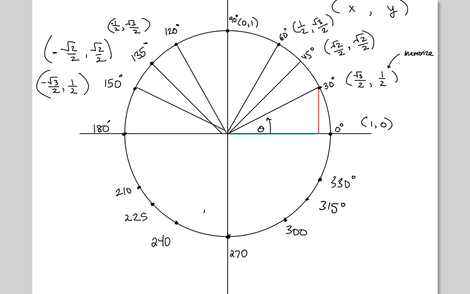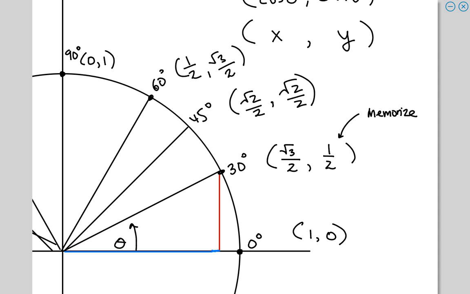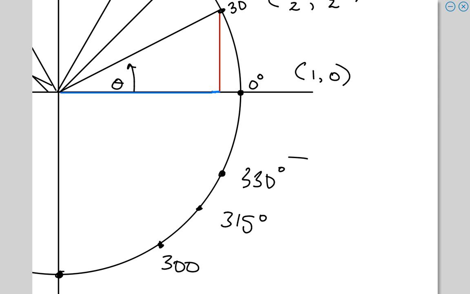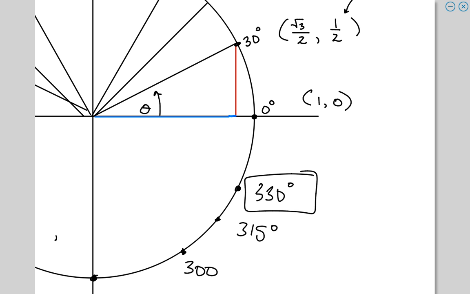Okay, so when I was in your spot in Math 30, because I didn't do this in Math 20, but you absolutely need to know this for Math 20 now. They used to do it in Math 30 only. What I did is I would just sketch the first quadrant. And then I would use a mirror image. So if they were talking about 330, which one do I use?